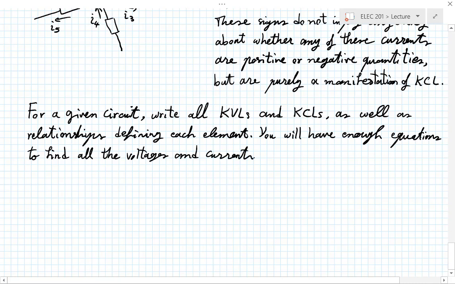And of course, once you have the voltages and currents, you can calculate power, flow of charge, energy. So you have a complete solution. So KVL, KCL, and the element relationships will give you all you need.